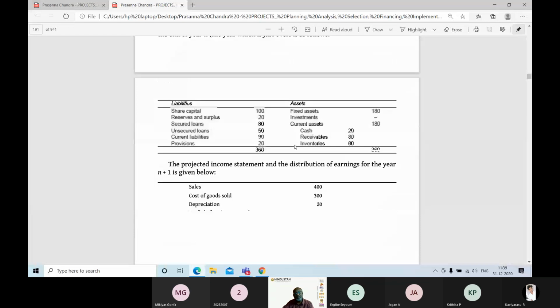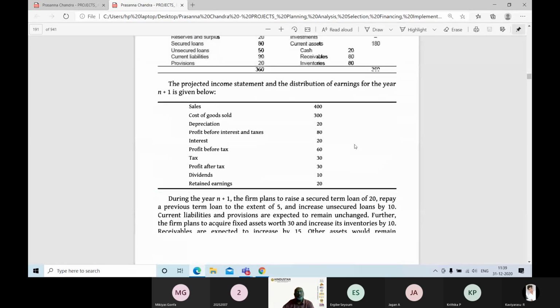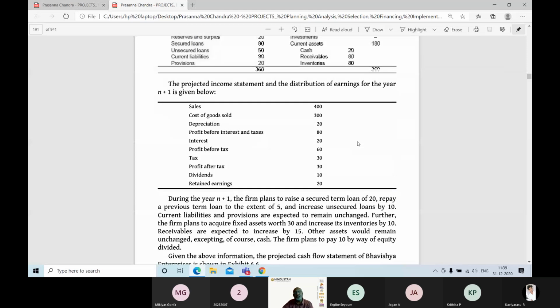For example, they have given here share capital 100, reserve surplus 100, and this is the total, and it is the calculation. The assets: fixed assets 180, and the current assets they break up into details: cash, receivables, and inventories, like that.